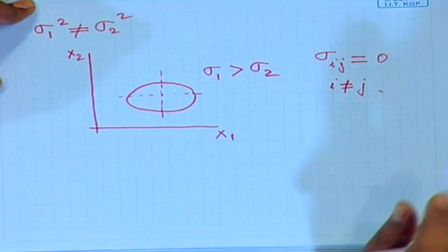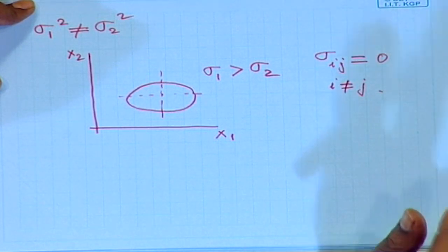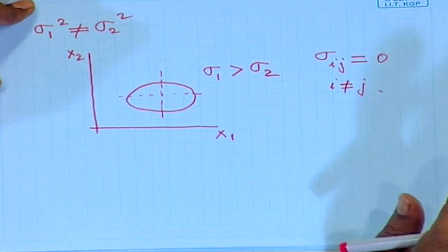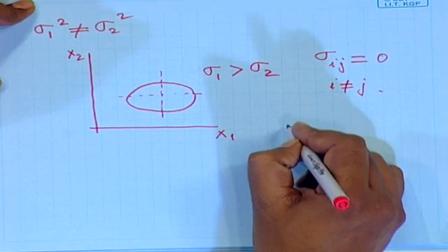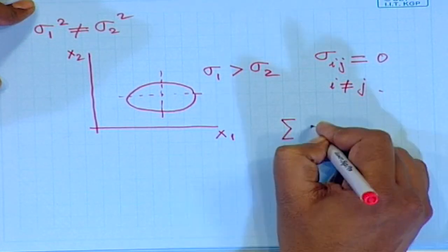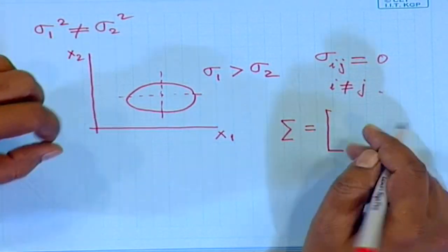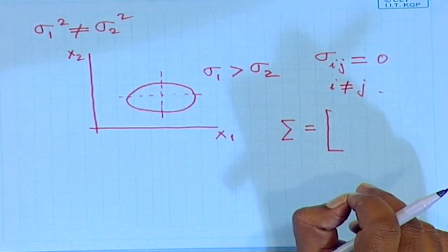Okay. What happens if sigma ij is not equal to 0? That means the components of the feature vectors are not statistically independent. Okay. So, over there I will have my covariance matrix sigma. In this case, covariance matrix is a diagonal matrix where only the diagonal elements are non-zero elements, all the off diagonal elements are zeros.